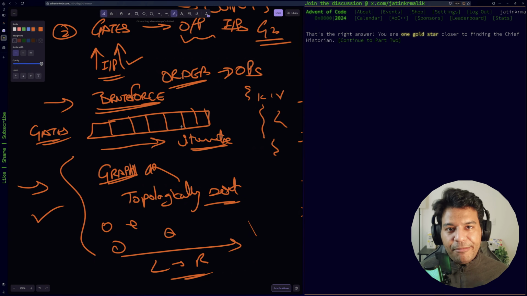In topological, I first did some pre-computing to topologically sort all the gates, and then did all the iteration in one pass. This is definitely the better way of doing things, but today brute force worked really well for part 1. So with that, let's move on to part 2 and see what that's about.